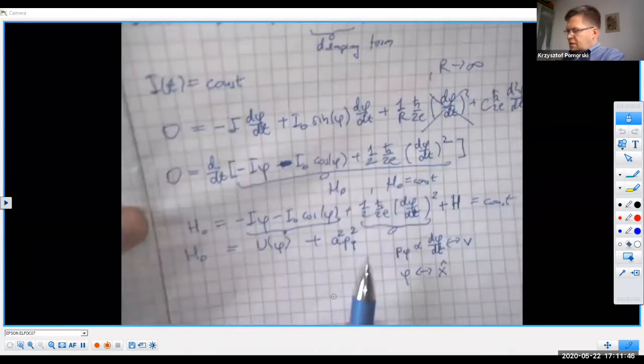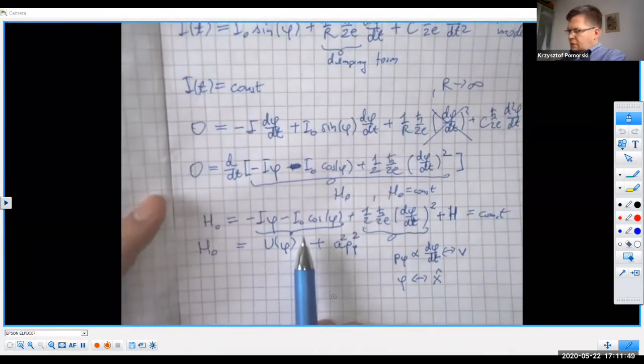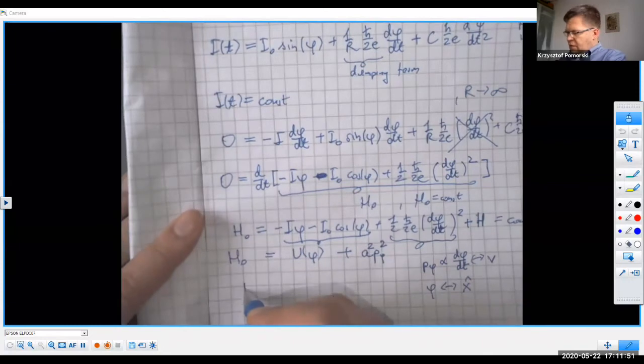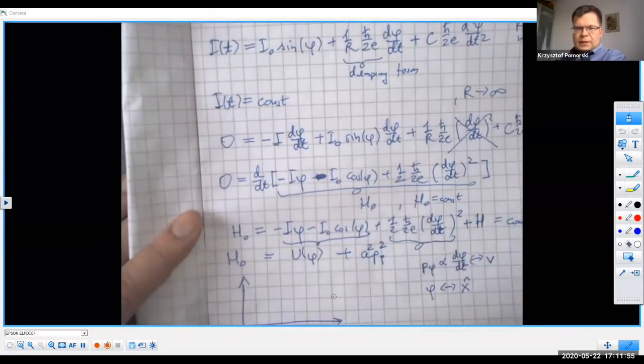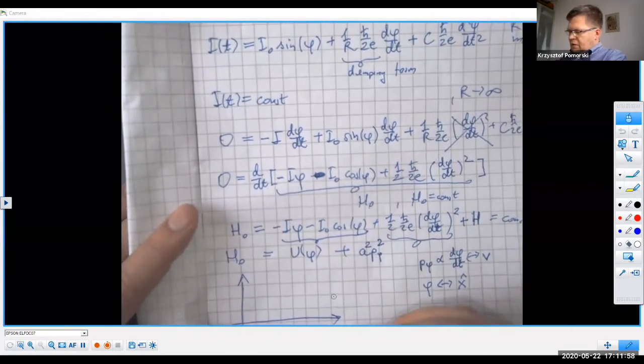simply you can make such a nice picture. Maybe I will place it in that way. So here is a phase difference.